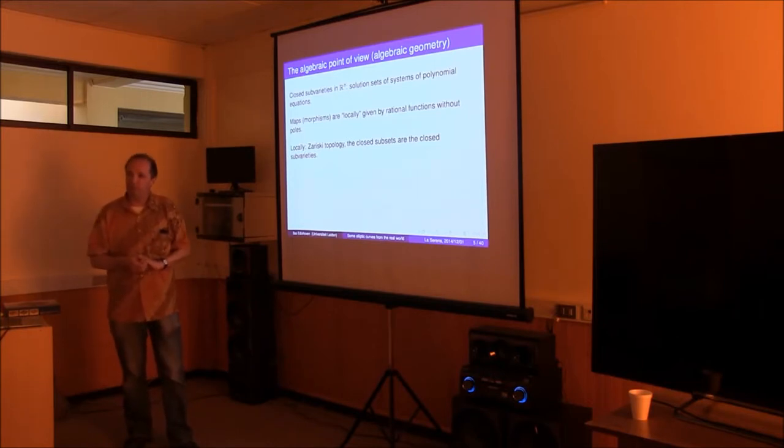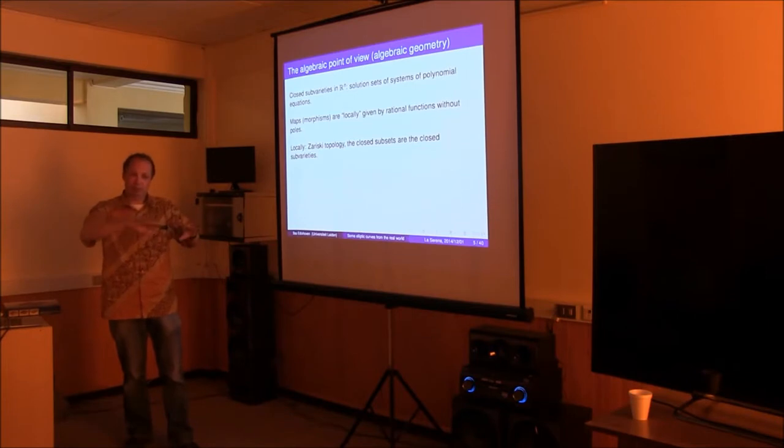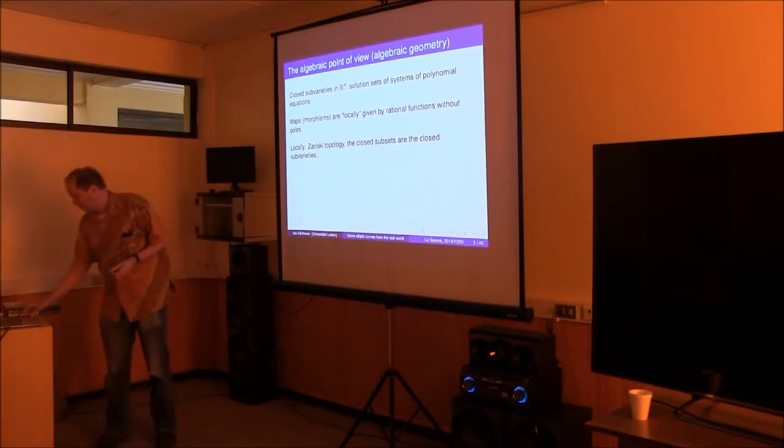That is a bit weird, but it is the natural topology for the maps that we want to consider, because we want that the denominators are not 0, so we cut out the set of solutions of the equations that you get by putting the denominators equal to 0, and that is a closed set, and the complement is what we call open. And that's why we look at this topology.